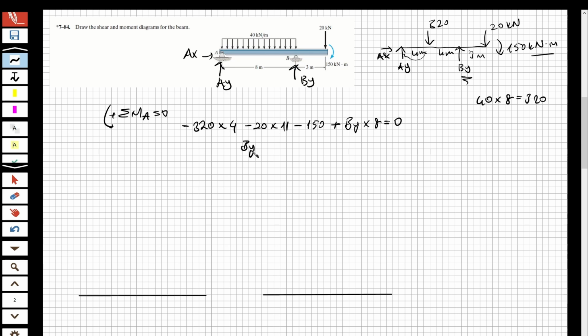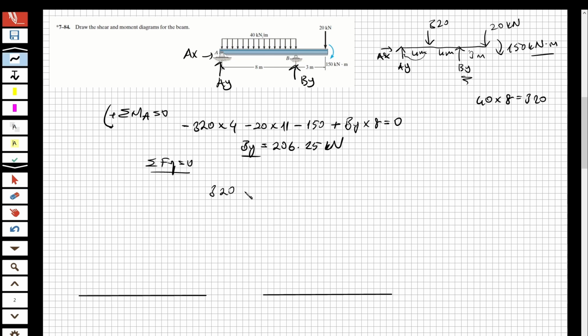And BY equal to 206.25 kilonewton as the force. Now we got the BY. So when I write the total Fy equation equal to 0, I'm going to obtain also AY. So let's write it, 320. Now you can see, for example, no, sorry.